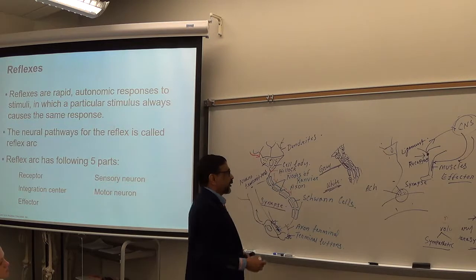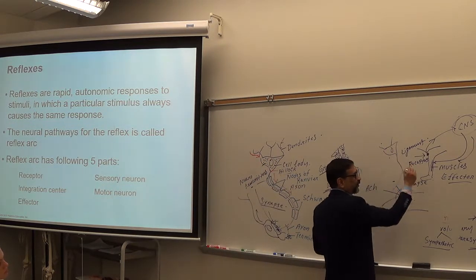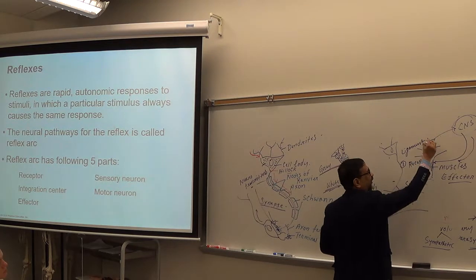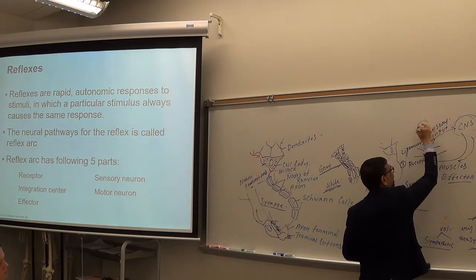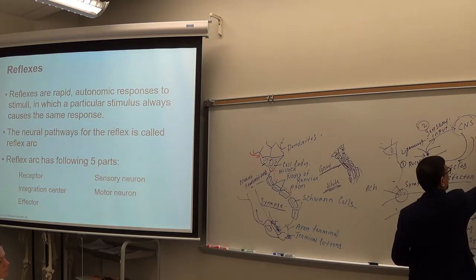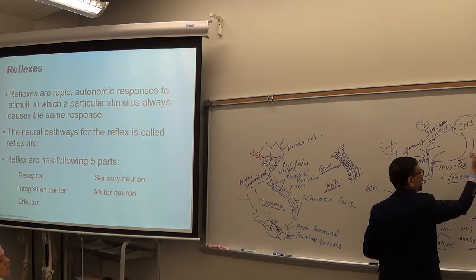So a reflex has five components. Receptors, number one. Sensory input, number two. Integration, number three.